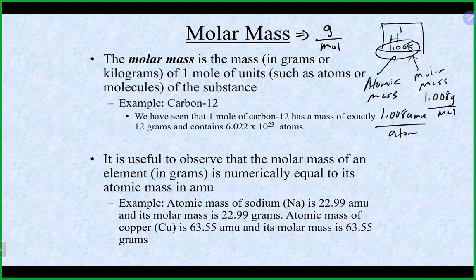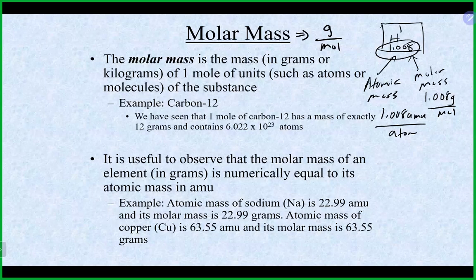So that is the unit that we really do use off the periodic table the most. We use the bottom number in most cases as the molar mass. Again, the reason for that is grams is a more convenient unit, right? When you go measure something on the balance, it doesn't give you the mass in AMU, it gives you the mass in grams. So this molar mass is a very useful unit.